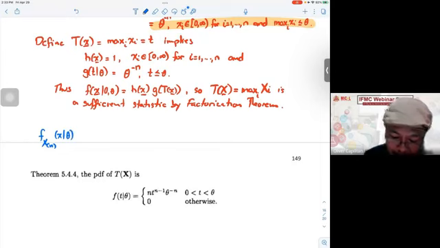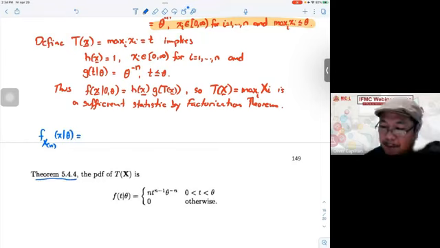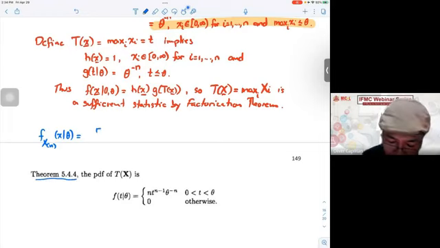What is the formula for this? That's in theorem 5.4.4. We have n factorial over n minus 1 factorial, and then n minus n factorial.